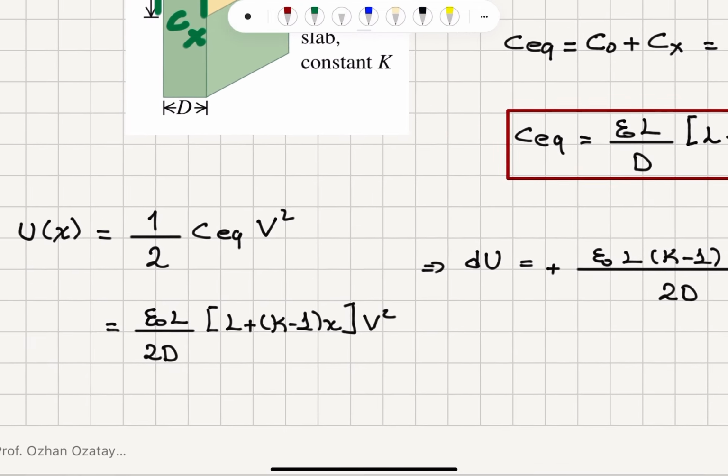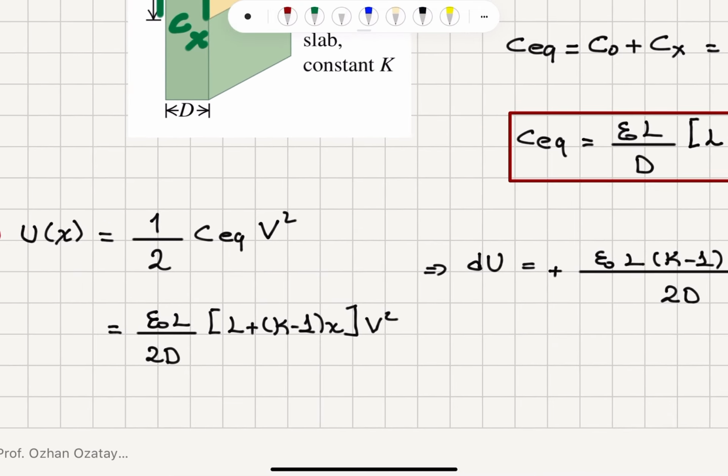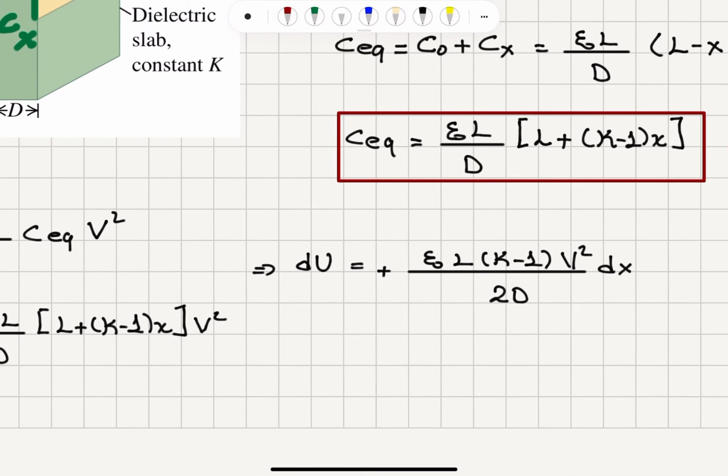So I'm considering incremental changes in potential energy due to incremental changes in x. There is no x here, so that has 0 contribution. This becomes epsilon 0 L (kappa minus 1) dx V squared over 2D.